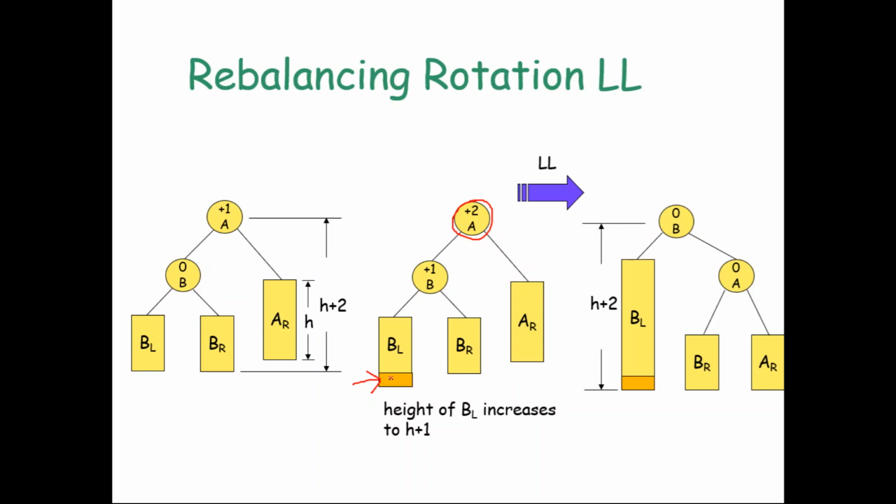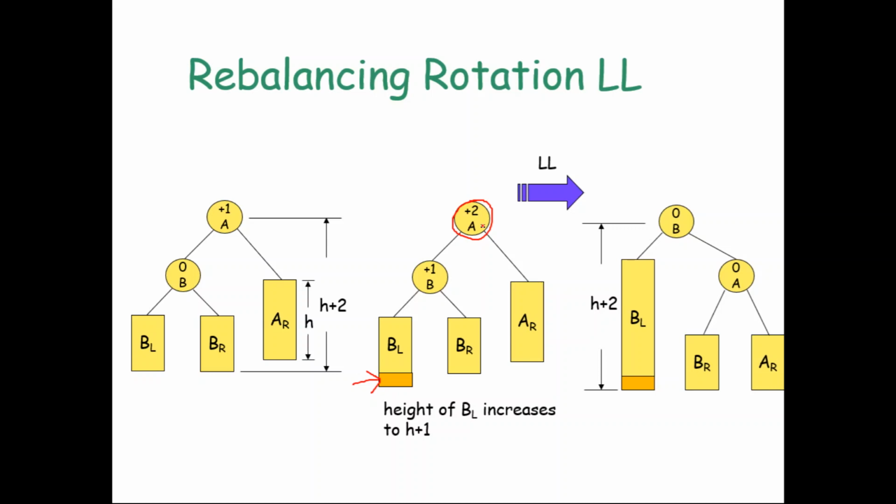The new node is inserted in the left subtree of B, which is the left subtree of A. So now you have to perform one right rotation on A.